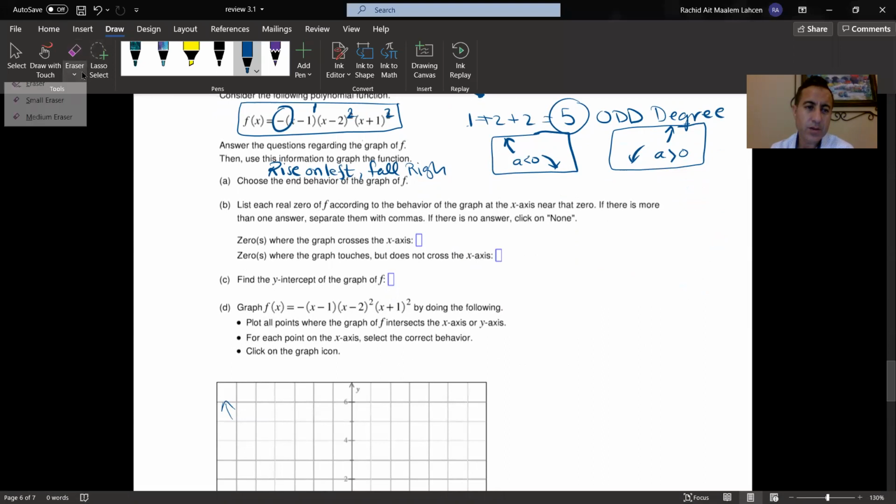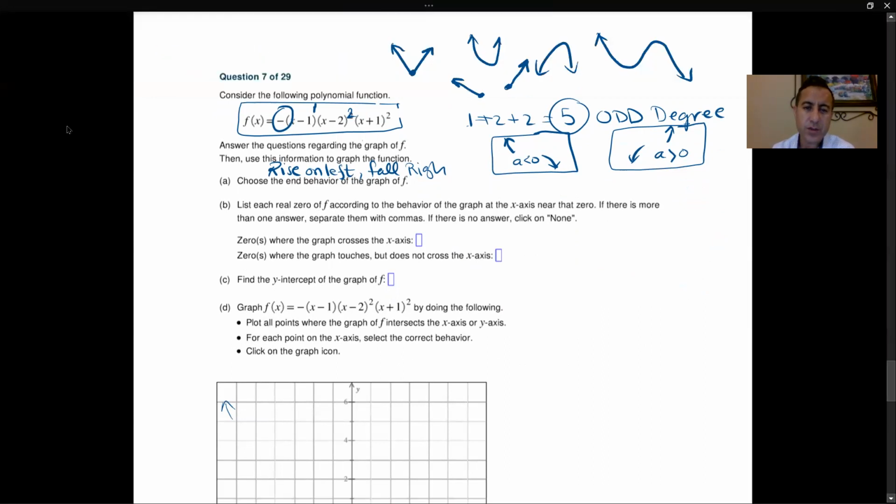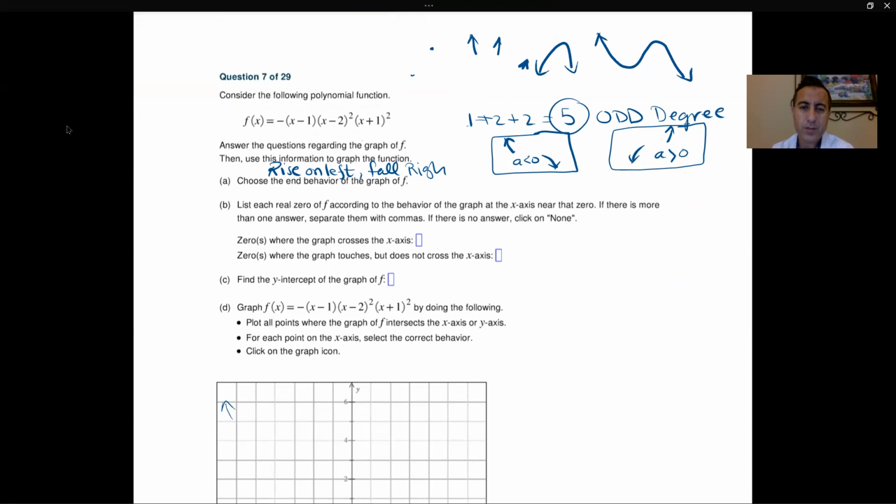All right, so again, let's just clean some of this stuff here. So you probably went ahead and figured out these other things. What did you think about the next one? So list the zeros. We just talked about the zeros, right? The graph, if there is more than one, separate them.